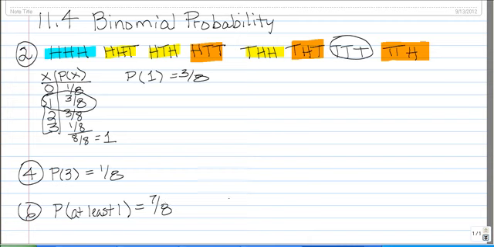And number 8, we'll do one more on these. Fewer than 3 heads, so we want to add these 3 together. 1/8 plus 3/8 plus 3/8. Fewer than 3. That doesn't include 3. So that's 7 eighths as well.